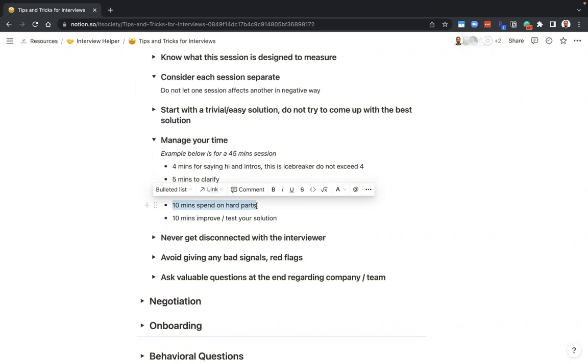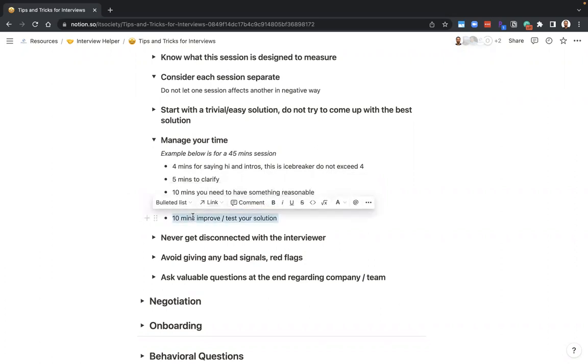Eliminate these in the next 10 minutes. After that, in the other 10 minutes, you have to validate your code. When you come to this point, your code should be something running actually. So you just validate your code with some small test cases.